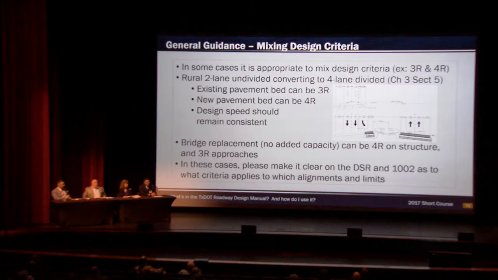So it is appropriate to do that in some cases. The key is to document it on the DSR and the Form 1002. You can put station to station 4R, and then on the westbound alignment put 3R, to let the field section know what the intent is.